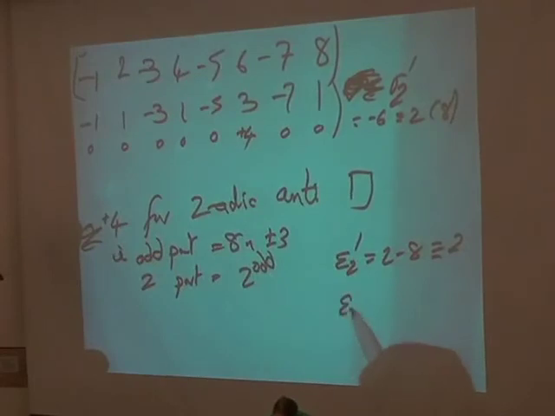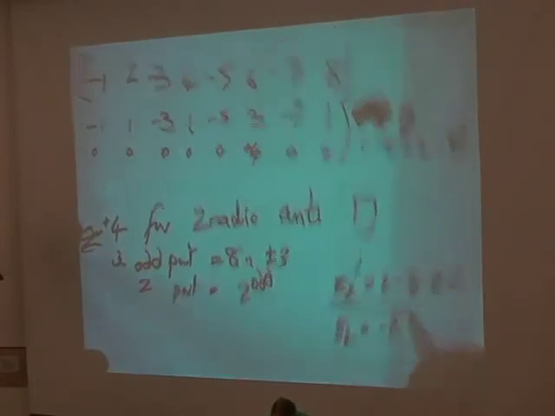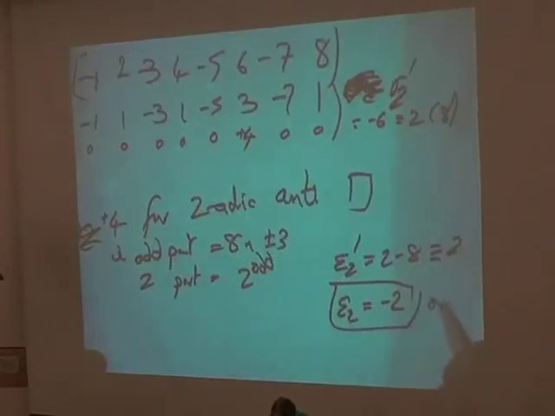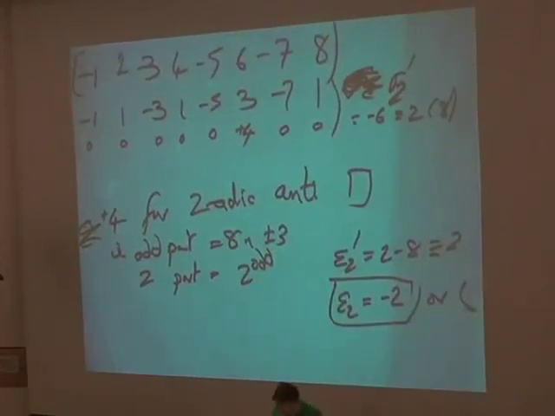And then epsilon 2 is minus 2, or if you like, 6 mod 8. Anyway, now we have a very simple thing. I mean, don't worry about 2.